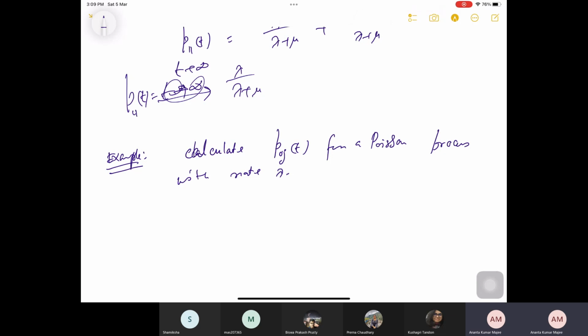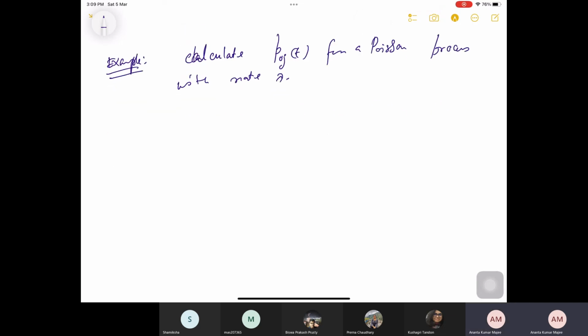I'm not going to do the details, but the idea is one needs to define something which is basically your generating function with respect to my small p_j(t). So if you define p_j(t), which is say p_0j(t), then you define say pi(s,t), which is summation over j equal to 0 to infinity of s to the power j times p_j(t).